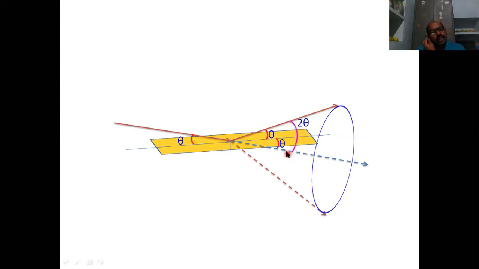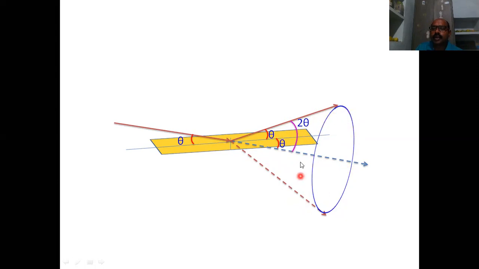In all directions, it is a cone. Since we are talking about 3 dimensions, with respect to the incident direction the X-rays are scattered in all directions which make 2 theta with the incident direction, so they form one cone.